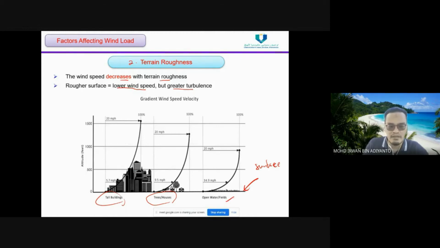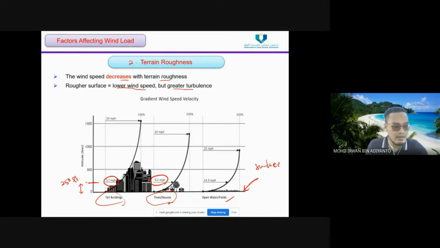We can see here that at a similar altitude, let's say 250 feet, the wind speed for the area full of tall buildings is about 5.7 miles per hour. However, at the same altitude, in an area with only trees or single dwellings, the wind speed can reach up to 9.5 miles per hour.